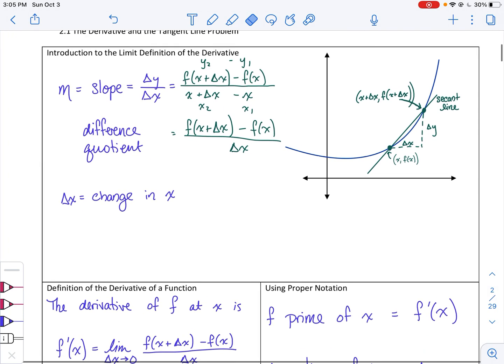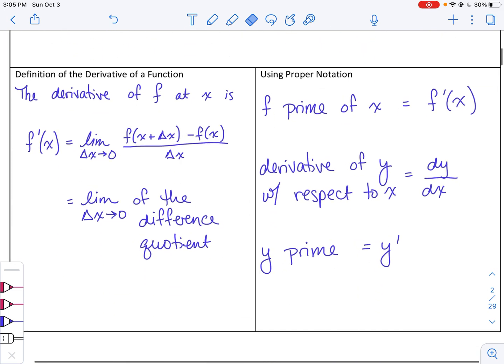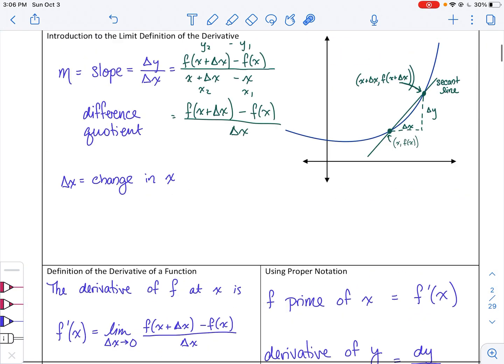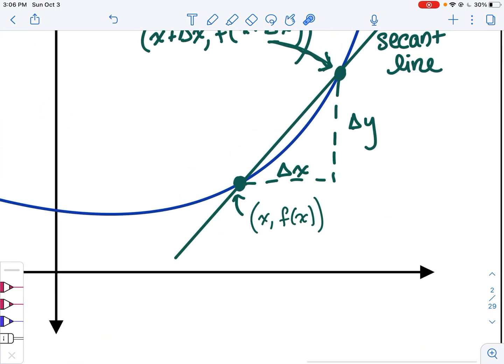So now let's continue. I want you to go ahead and copy what we have here, and then come back and we'll discuss. All right, so the derivative of f at x is equal to f prime, that's what that little symbol means, which is equal to the limit as delta x approaches 0. As delta x approaches 0, that means the change in the x values gets smaller and smaller and smaller.